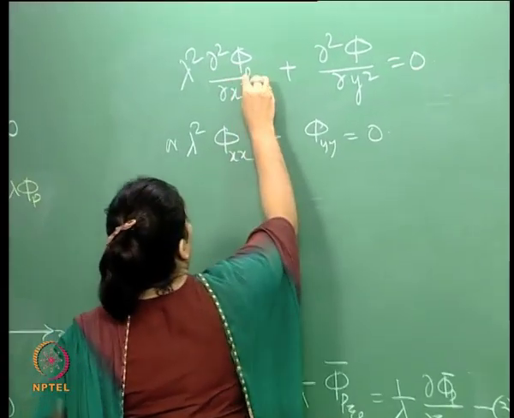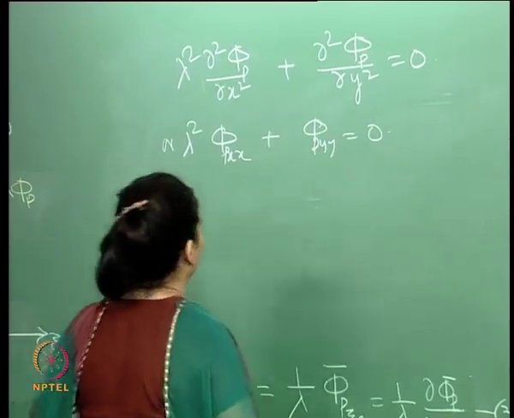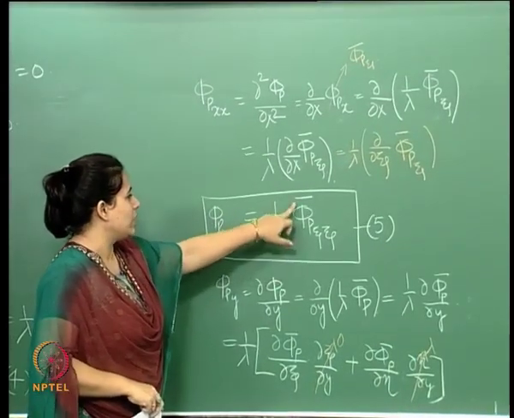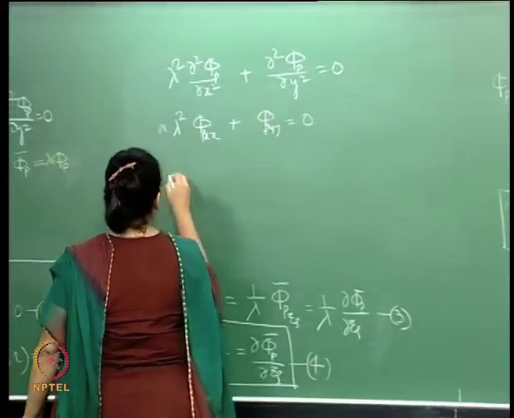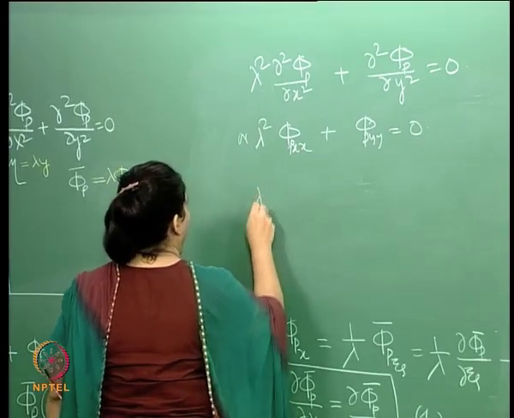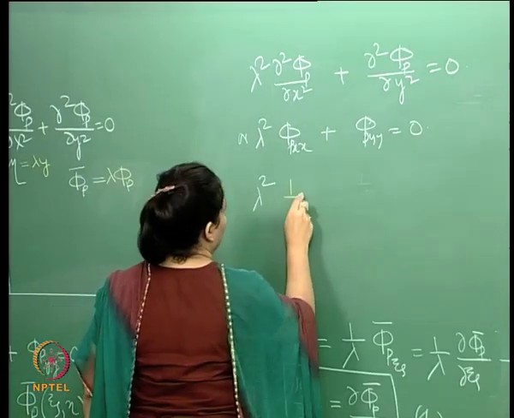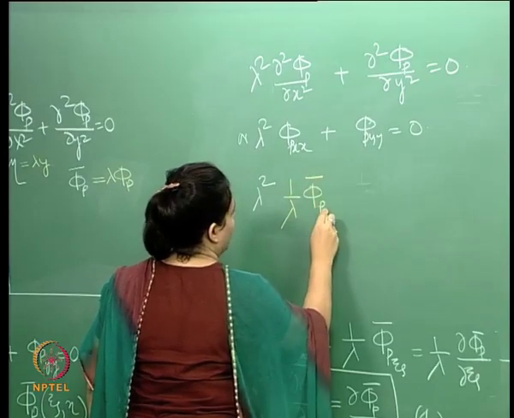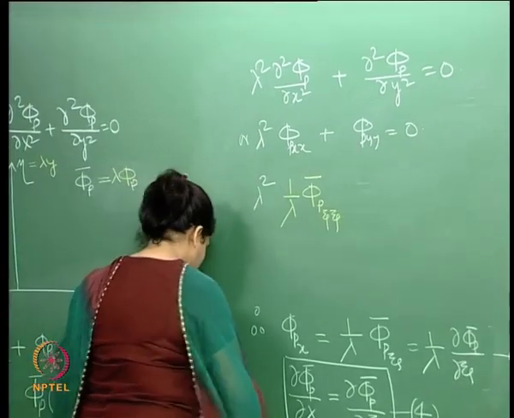So this is the perturbation potential, of course. Now, this phi p x x is nothing but 1 by lambda phi p bar z z, right. So, this I can write as 1 by lambda phi p bar z z.